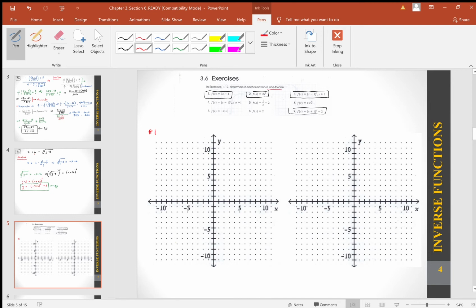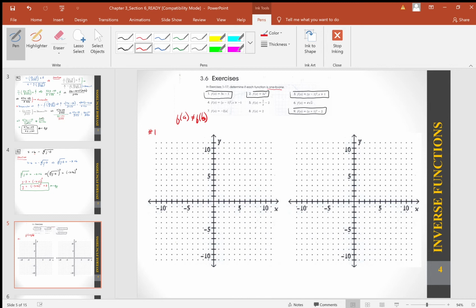The definition of a 1-to-1 typically is that f of a does not equal f of b. Another way to look at this, if you do the horizontal line test, if your horizontal line passes through 2 points on that particular graph, it's not a 1-to-1 function.